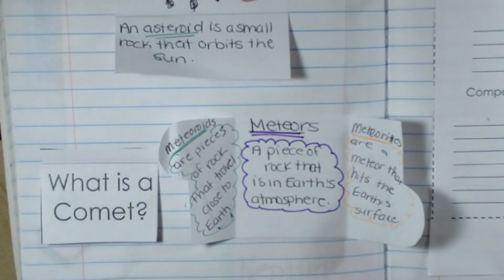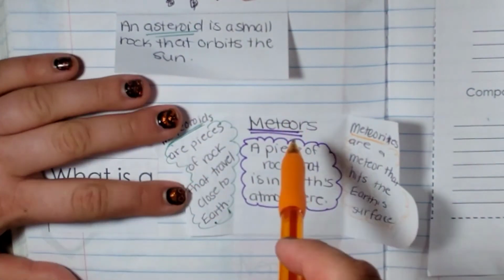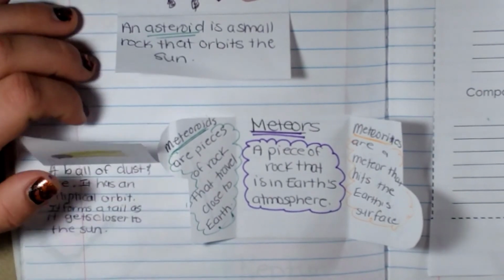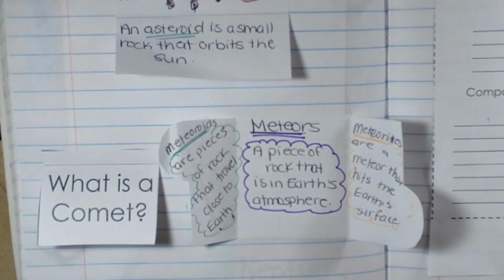Okay, so it's a meteoroid when it's in space, a meteor when it's in the atmosphere, and a meteorite once it hits the surface. So we have comets, asteroids, and meteors.